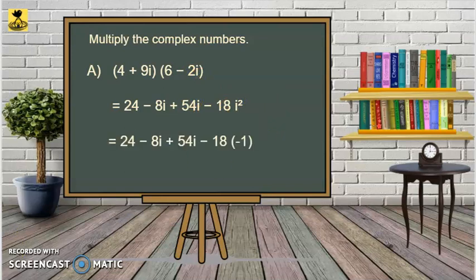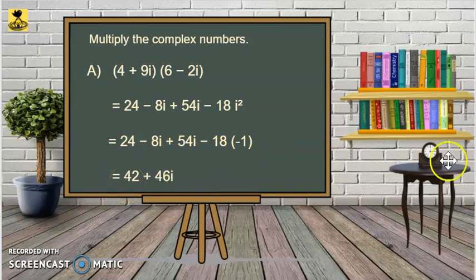Right. Okay, then we will substitute negative 1 for i squared. So we have here, copying everything, 24 minus 8i plus 54i minus 18 times negative 1. So that will be positive 18. And then after that, we will combine positive 18 and 24, so we will have 42.